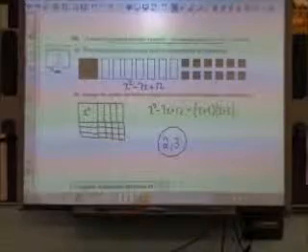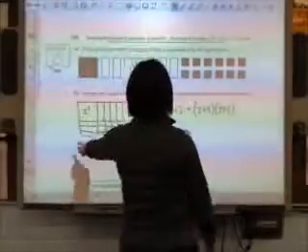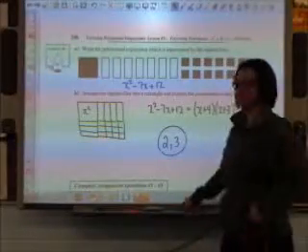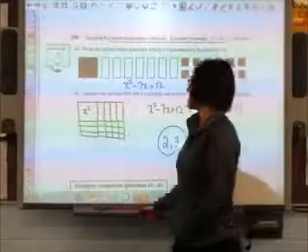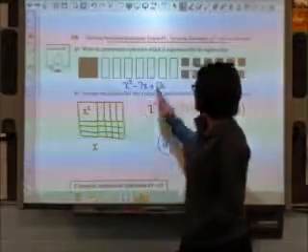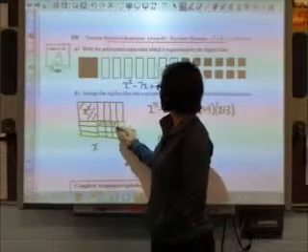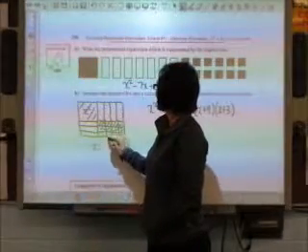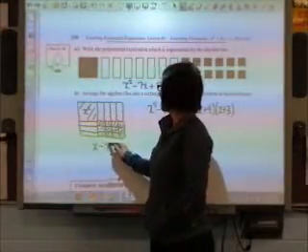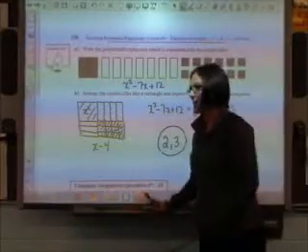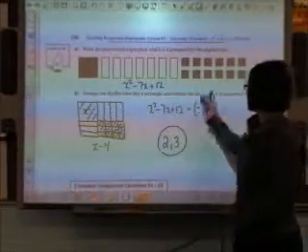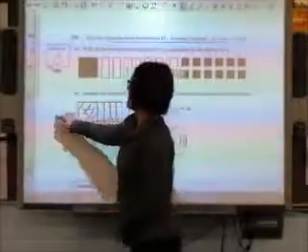Go back to this. What is the length? Not x plus 4, because in this, these were all shaded. Oh, it's x minus 4 and x minus 3.